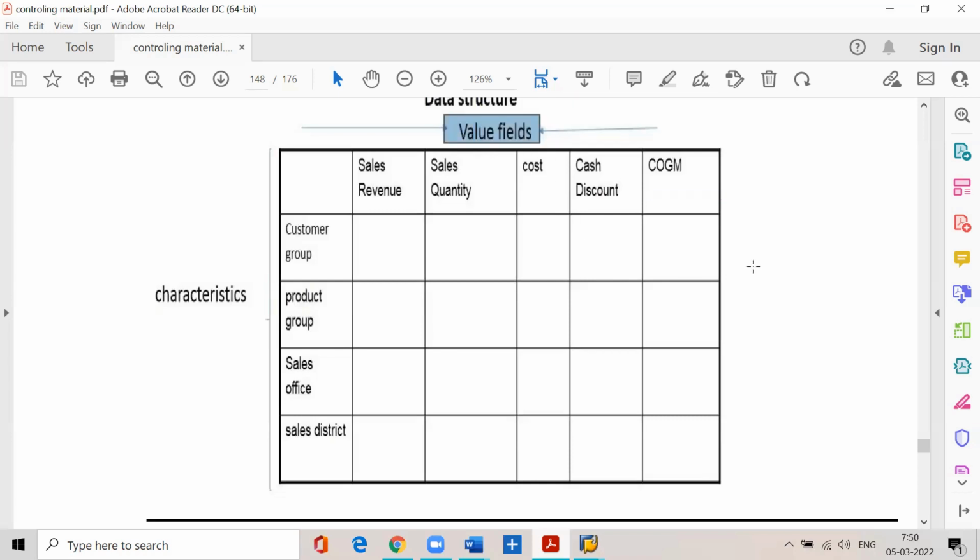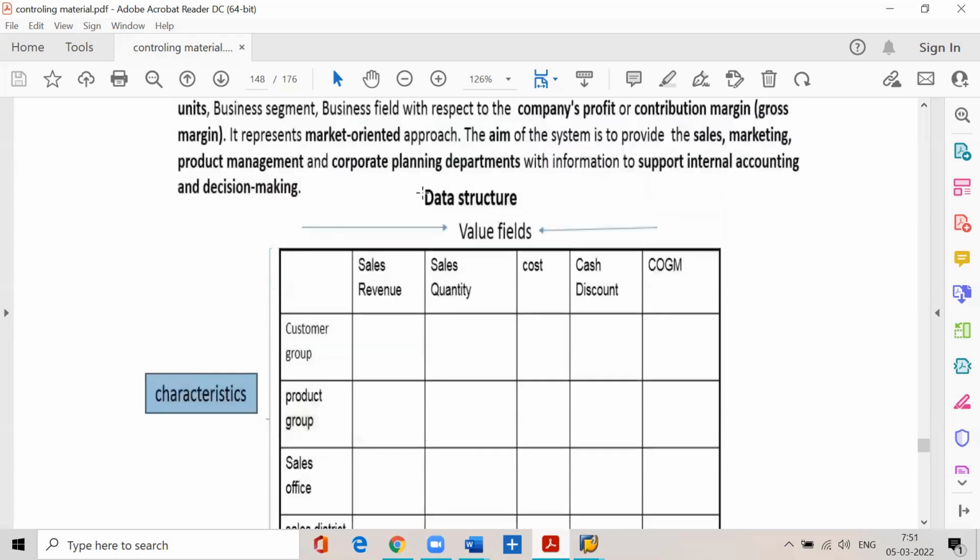So in the COPA, what exactly do we do as a consultant? The combination of characteristics and value fields is called a data structure. So in COPA, as a consultant, we create as many data structures as required by the management, based on their reporting requirements.